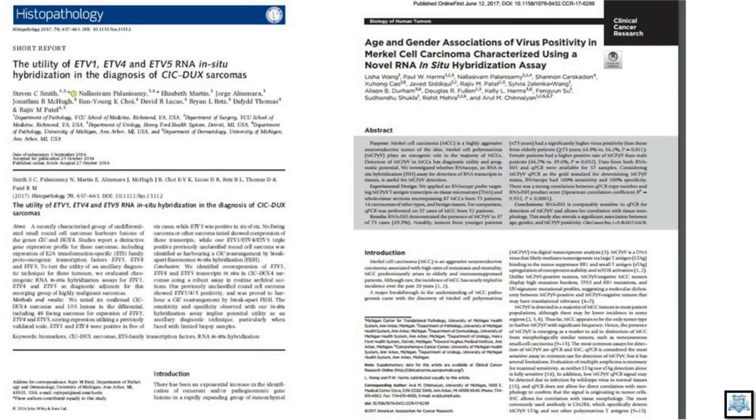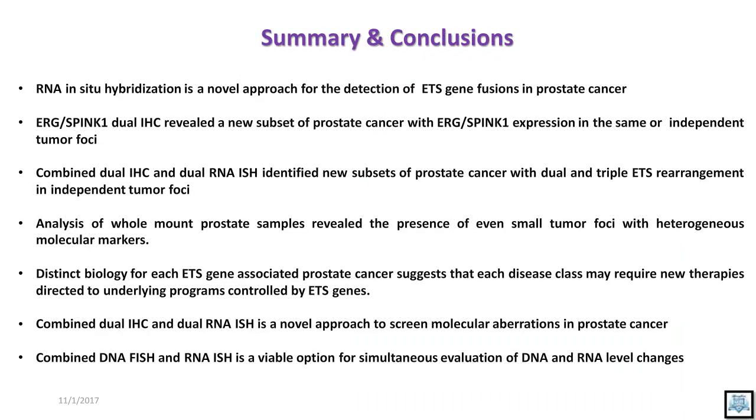So in summary, RNA in situ hybridization is a novel approach for the detection of ETS gene fusions in prostate cancer. ERG-SPINK1 dual IHC revealed a new subtype of prostate cancer with ERG and SPINK1 expression in the same or independent tumor foci.